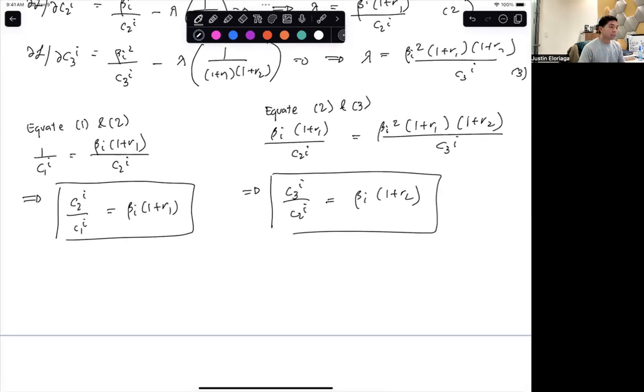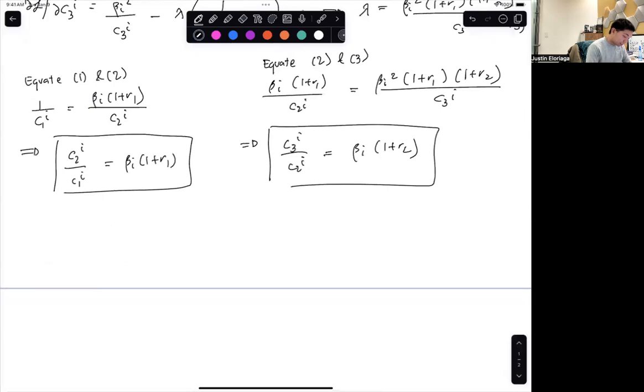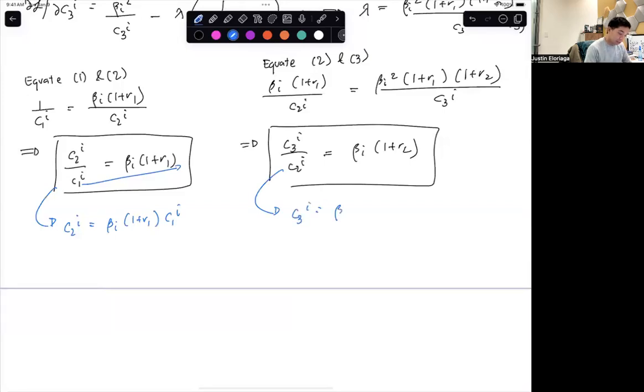What I can show from this first one, if I multiply this to this side, is that C2i is equal to beta i (1 plus R1) C1i. For this one, I can show that C3i is equal to beta i (1 plus R2) C2i.